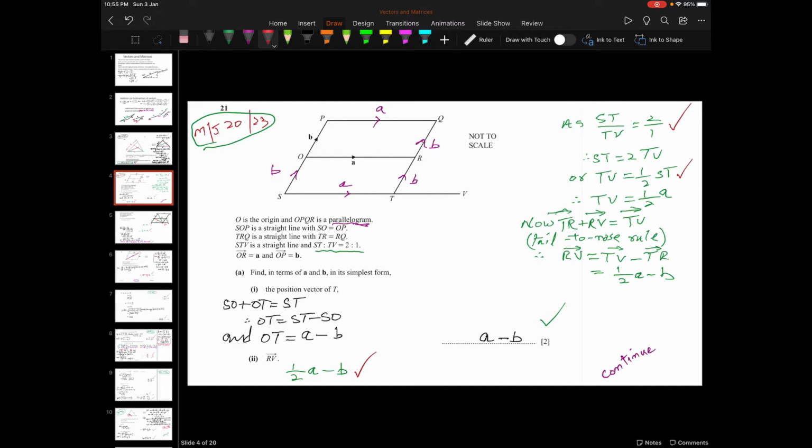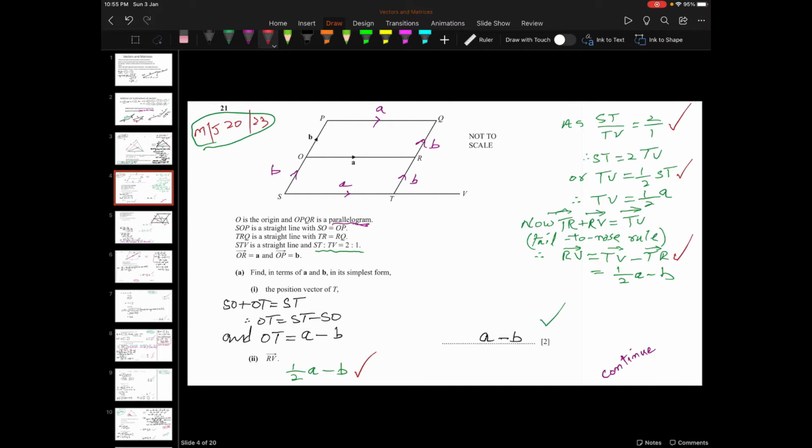Now TR plus RV is equal to TV using tail to nose rule. Therefore, RV is equal to TV minus TR. Now substitute the values of TV and TR.